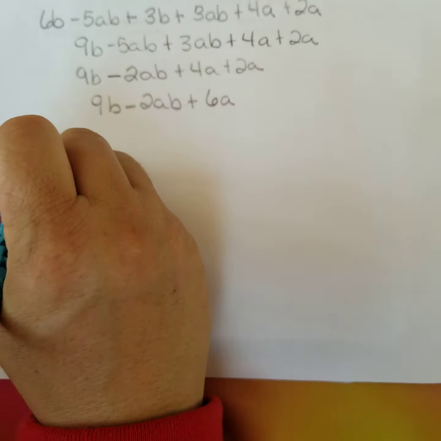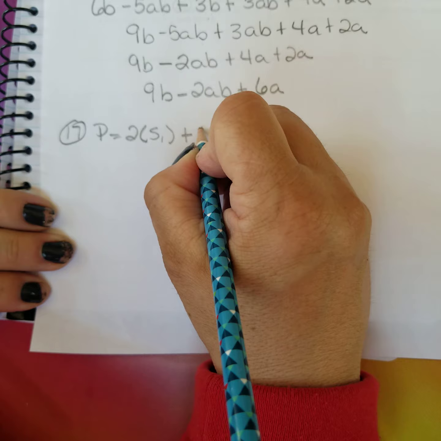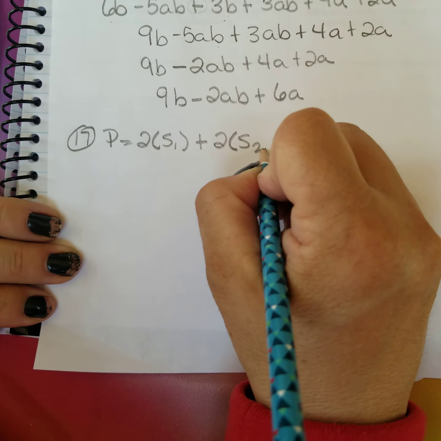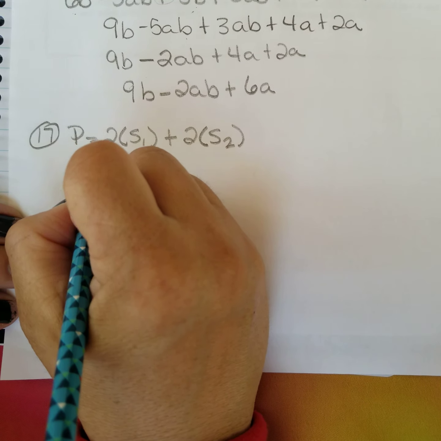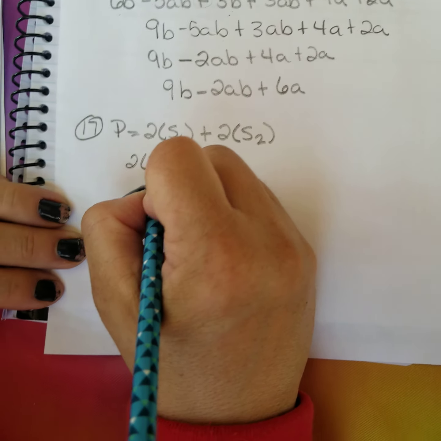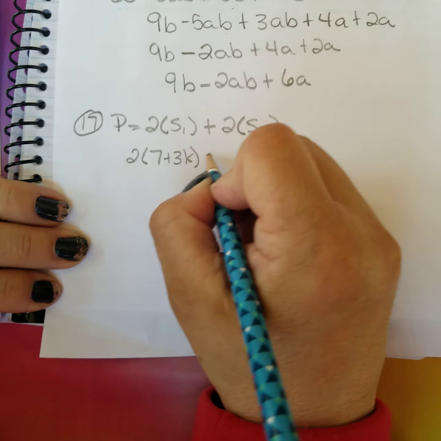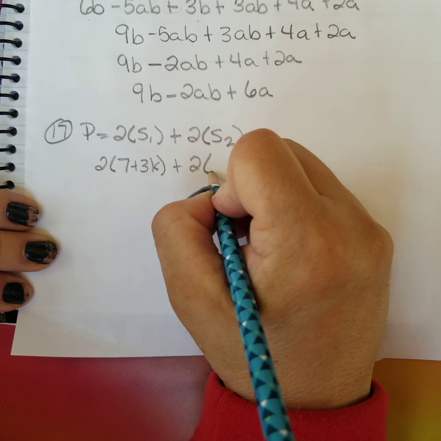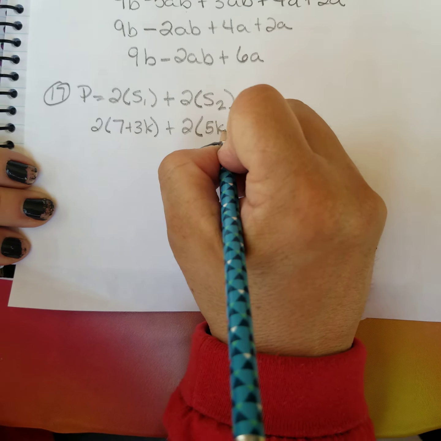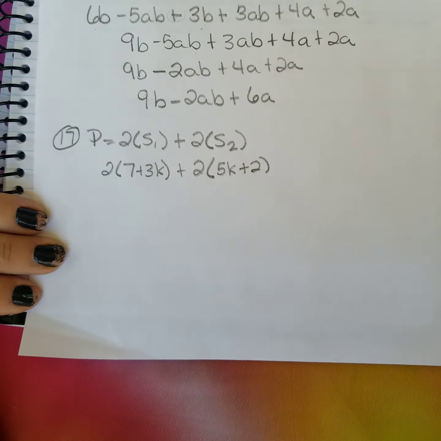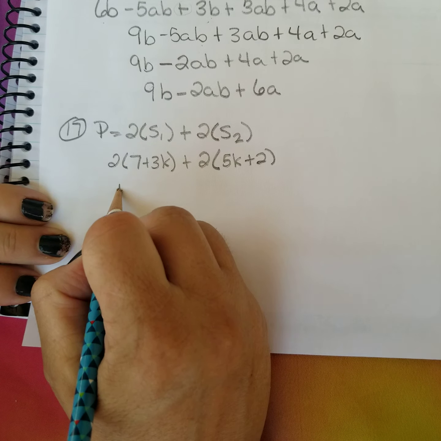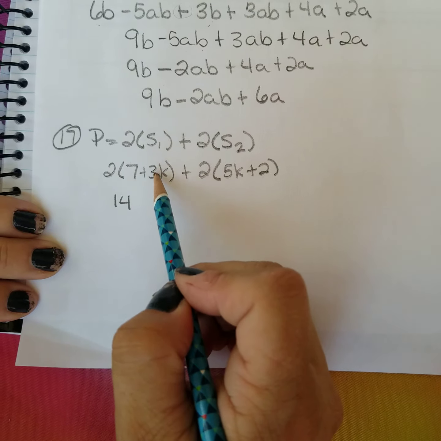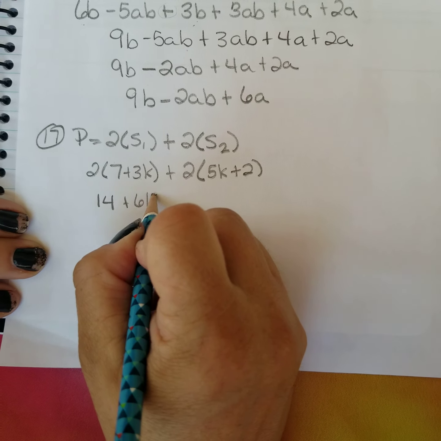Okay, so P equals 2 times side 1 plus 2 times side 2. 2 times side 1 is 7 plus 3k, plus 2 times side 2, which is 5k plus 2. Let's work through side 1 first. 2 times 7 is 14. 2 times 3k is 6k.